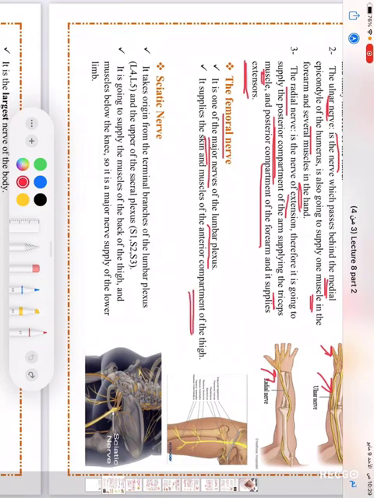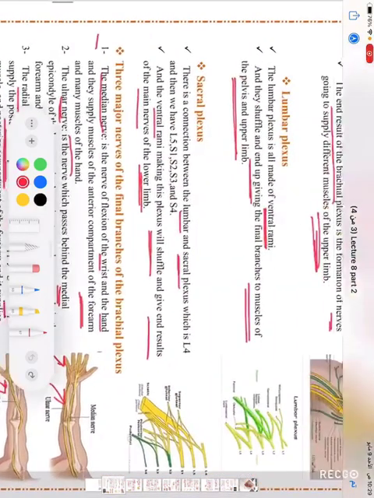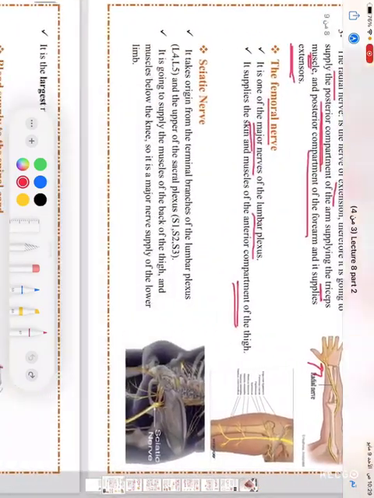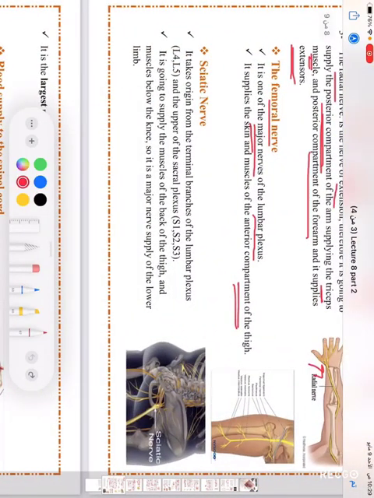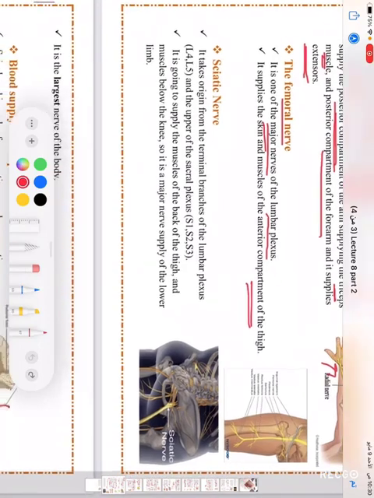Okay? It is one major nerve from the lumbar plexus, supplying the skin and muscles of the anterior compartment of the thigh bone.